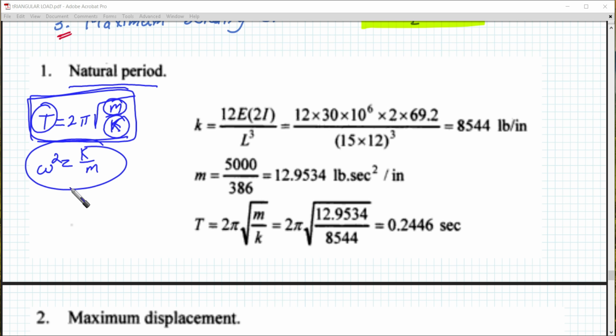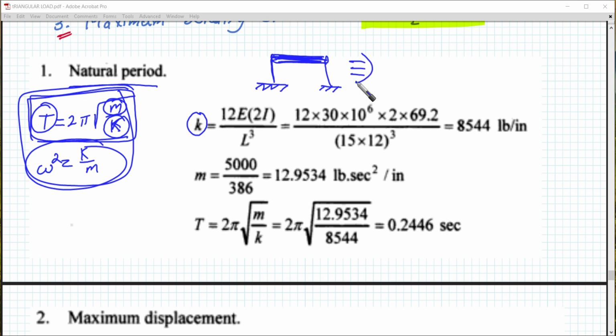So in this case, we need to calculate k. Because we have two columns here, and they are connected to a very rigid beam, this means that we have two columns that are fixed, top and bottom, right?